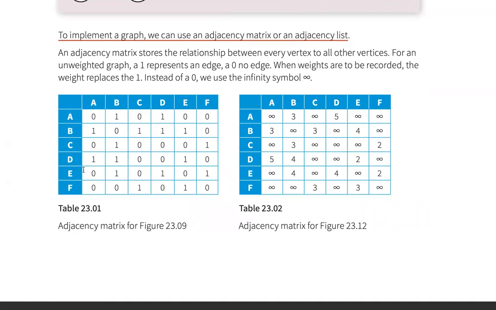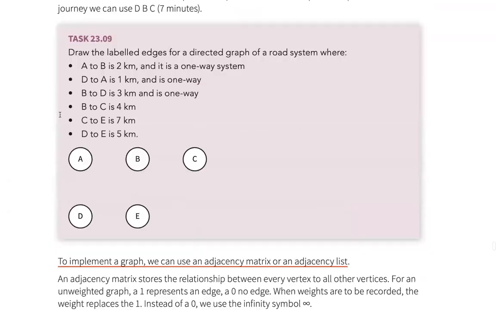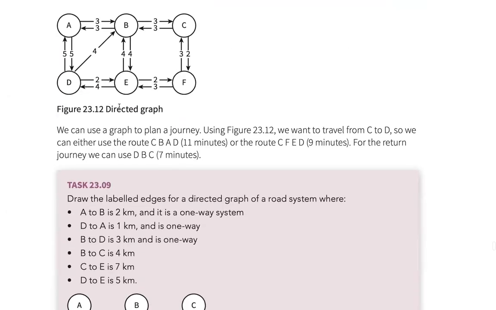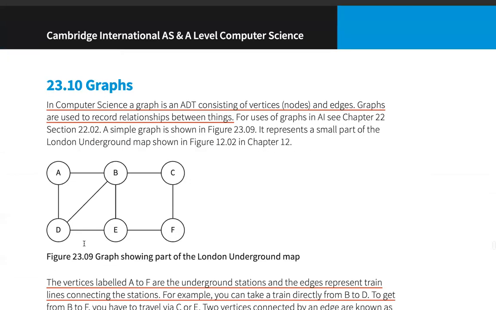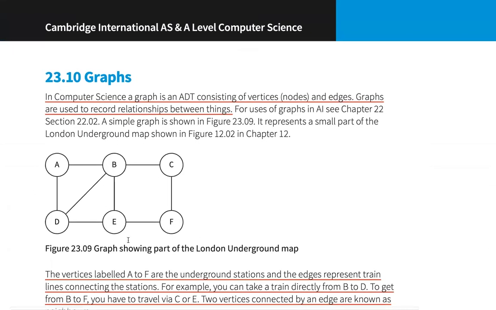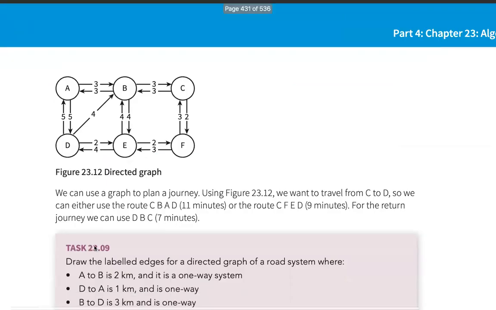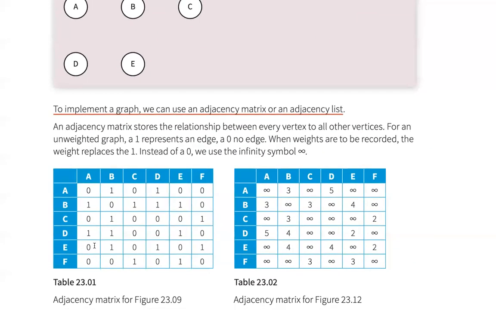What this represents is the same diagram that we're talking about, figure 23.09, this diagram over here. Basically, adjacency means: is there a direct path between two vertices?